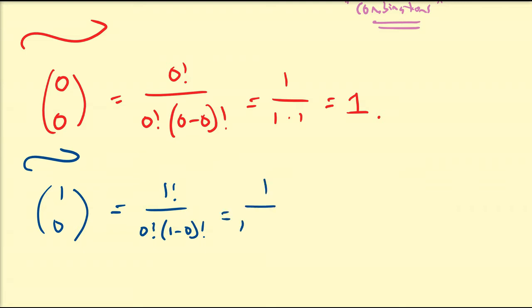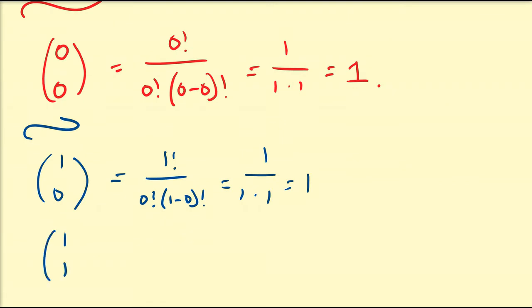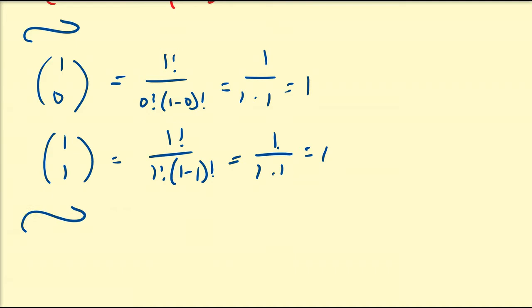So it's going to be 1 over 1 times 1, which is again 1. And one can also find that 1 choose 1 is 1 factorial over 1 factorial times 1 minus 1 factorial. And 1 minus 1 is 0 factorial, which is 1 also, so that's 1. So all of these are 1, which is not really exciting.